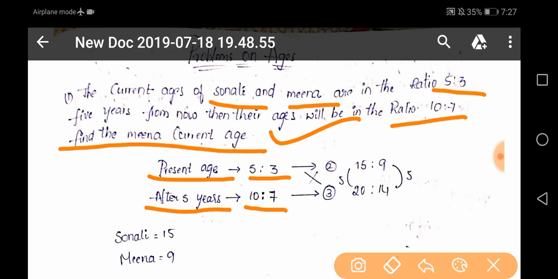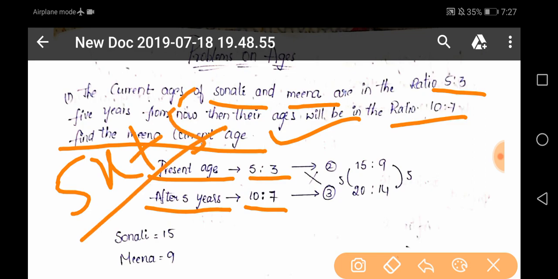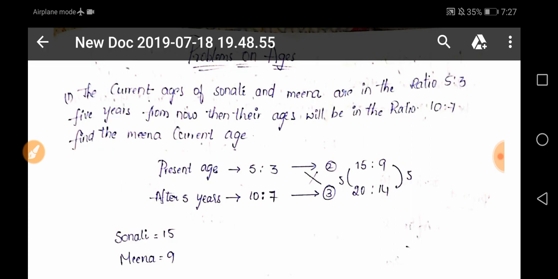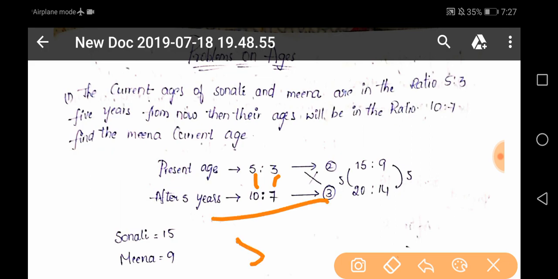When you try 5x plus 5 by 3x plus 5, this doesn't work out. It is applicable when you have the same difference, but you don't have the same difference here.